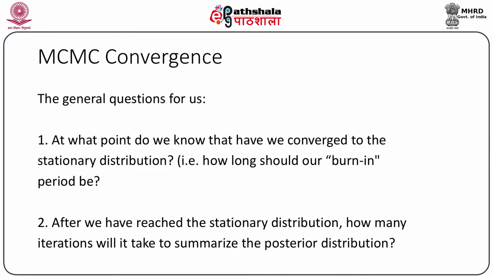The general questions for us are: 1. At what point do we know that we have converged to the stationary distribution? That is, how long should our burn-in period be? And 2, after we have reached the stationary distribution, how many iterations will it take to summarize the posterior distribution?